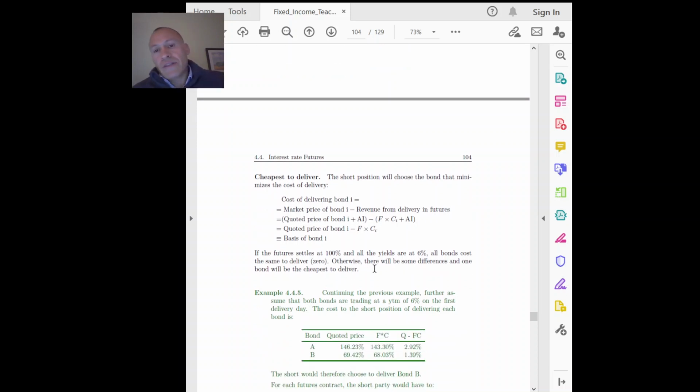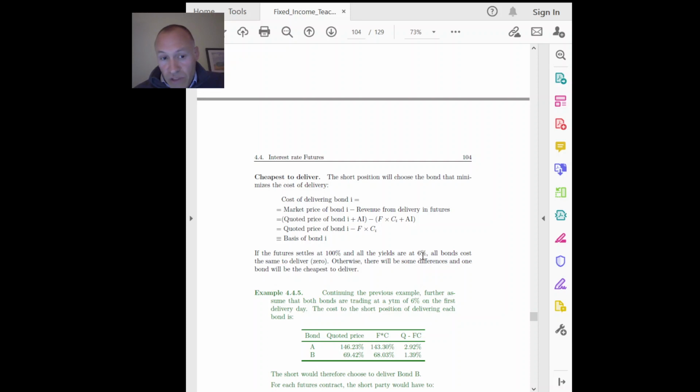So this is defined in such a way that if the futures, this F, ends at 100%, and all bonds are trading in the market at a yield to maturity of 6%, then this makes all bonds have exactly the same cost of delivery, which would be 0. So in that very specific case, the system would work perfectly. All bonds would be exactly equivalent.